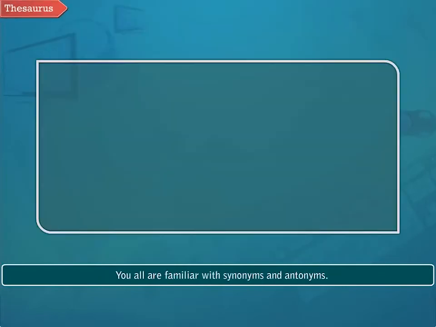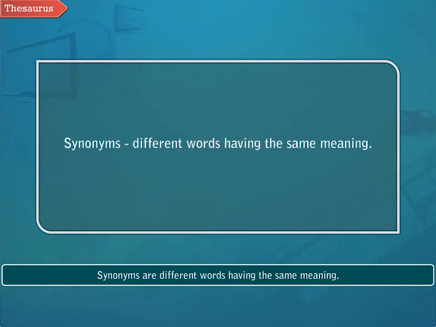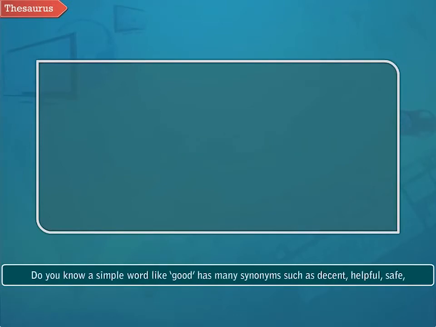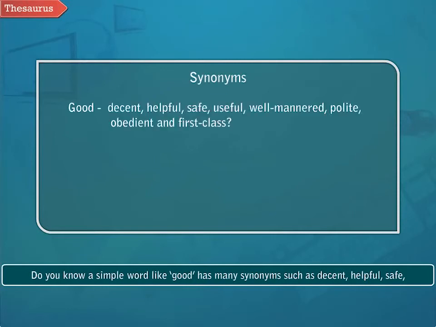Thesaurus. You all are familiar with synonyms and antonyms. Synonyms are different words having the same meaning. Antonyms are the words with the opposite meaning. Do you know a simple word like good has many synonyms such as decent, helpful, safe, useful, well-mannered, polite, obedient, and first class.